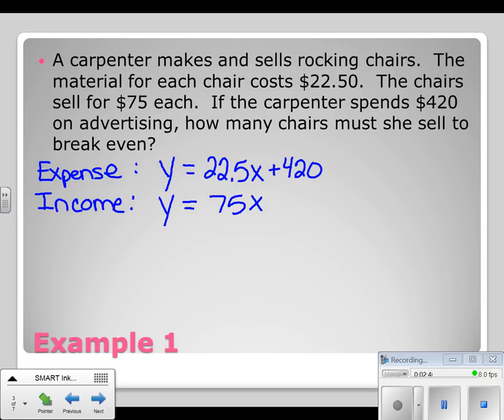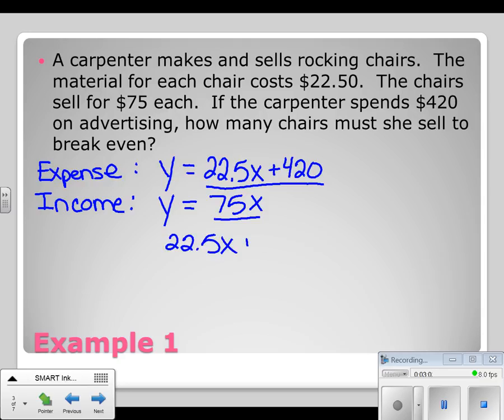So we have expense, we have income. When solving this system, I see right away my y's are both isolated, so I'm going to use substitution. If y equals 22.5x plus 420 and y also equals 75x, I'm going to set them equal to each other because they're both y.